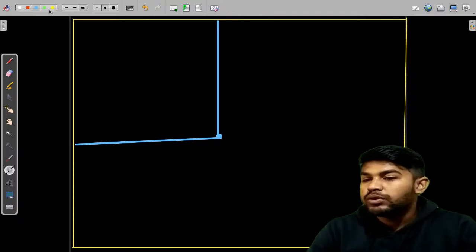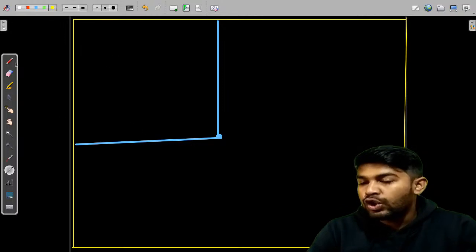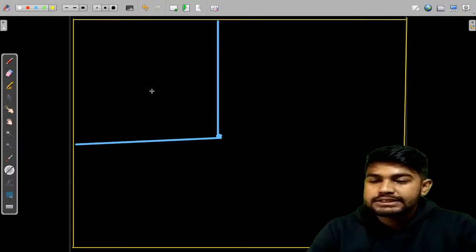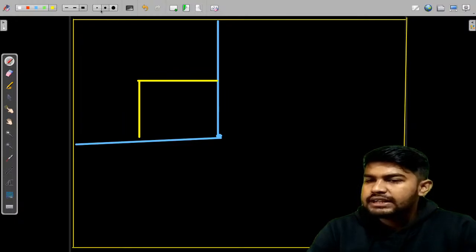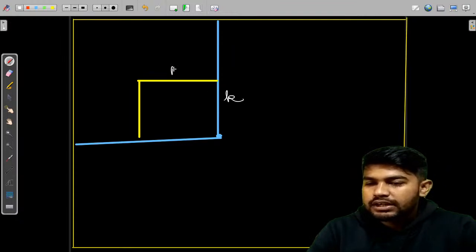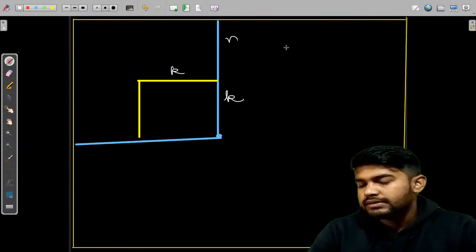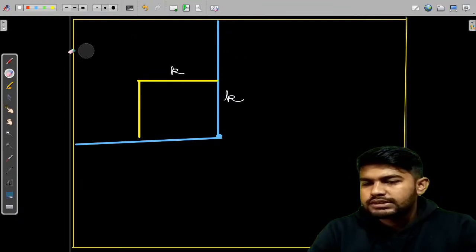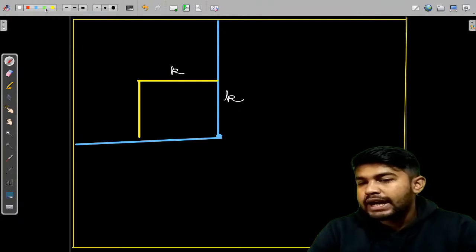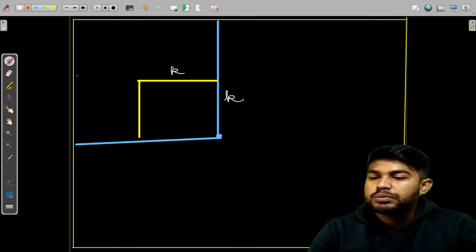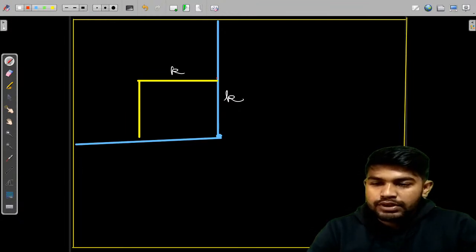Now suppose I want to take the sum till this point only. This is k cross k and this is n. Okay, suppose, let me remove this. Fair enough, we want the sum only of this. Now what I need to do is subtract the sum from this point.